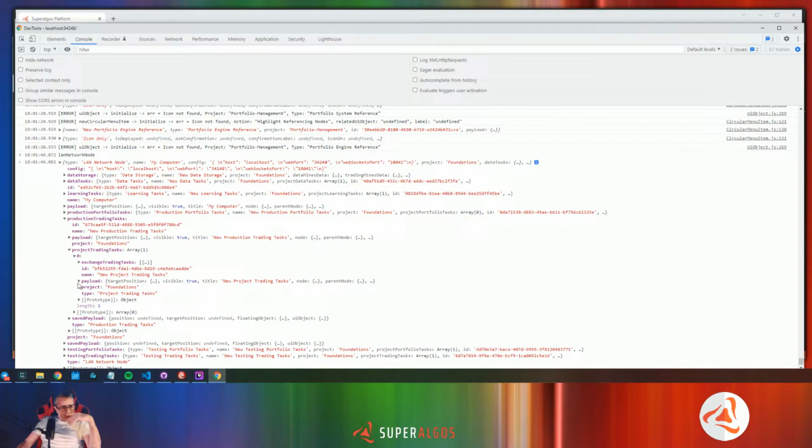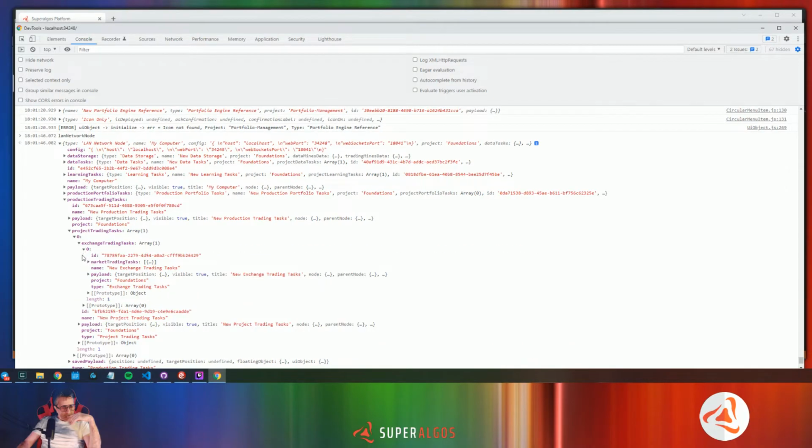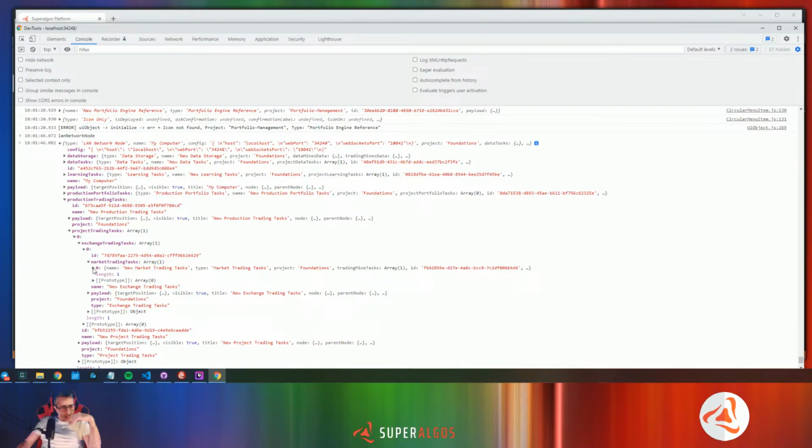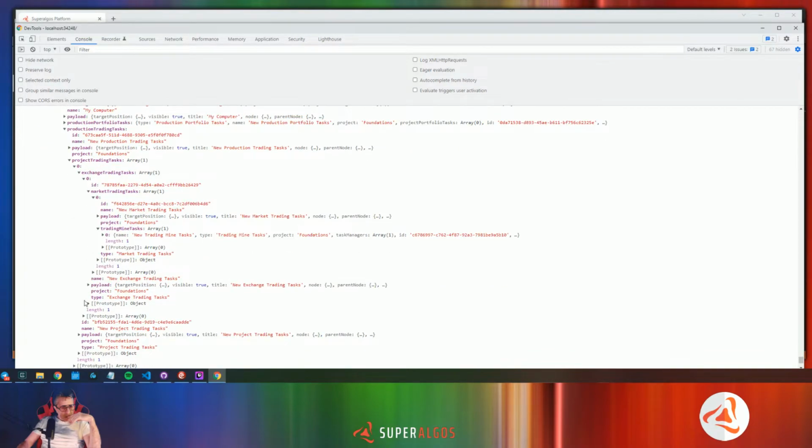Exchange trading tasks. One exchange trading task. One market trading task. Trading mine task.